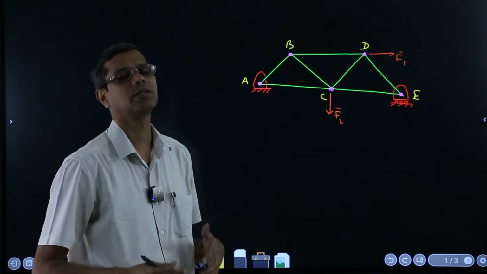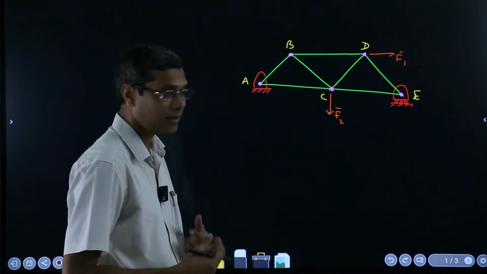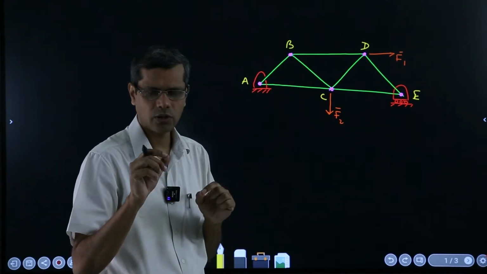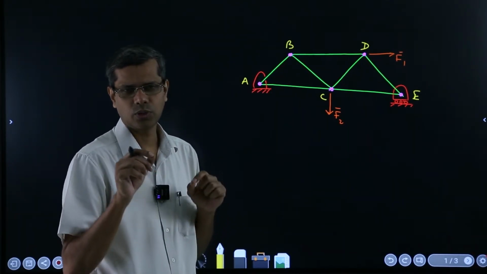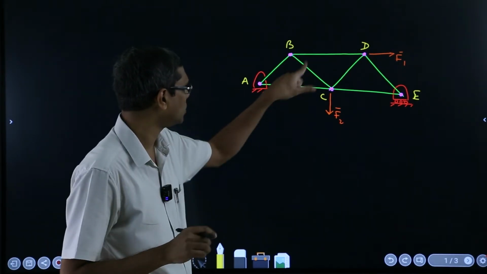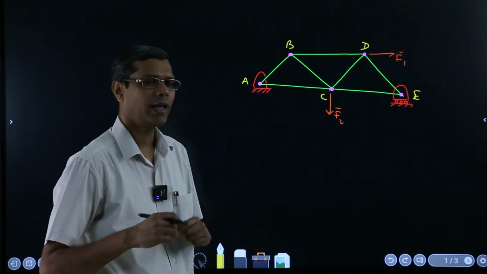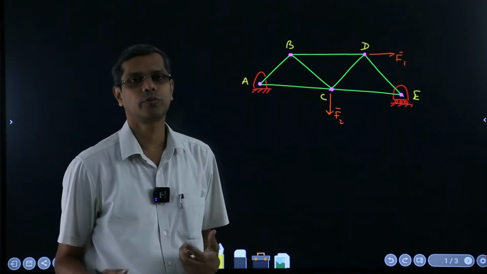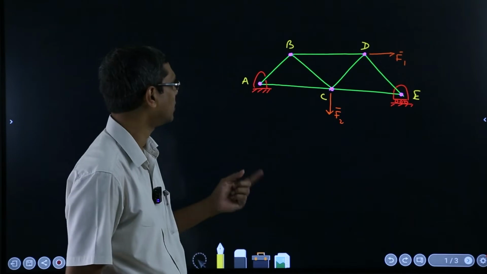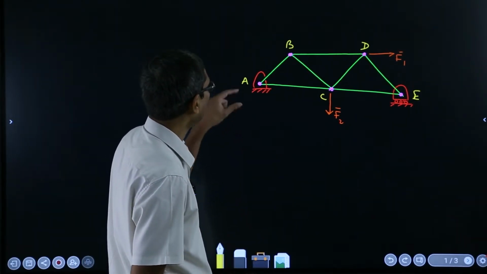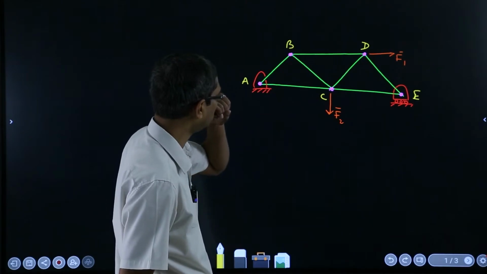That means we don't consider their own masses, and that is why, because each of them has only two points of connection. Every member is connected to the structure with only two points, and that is why all of them will be two-force members, because we have also neglected the mass. Otherwise they would have become three-force members.